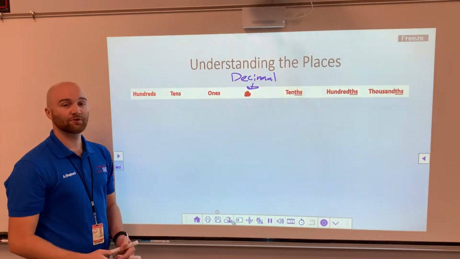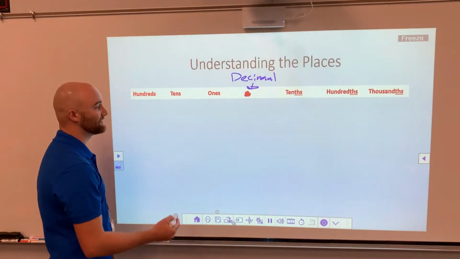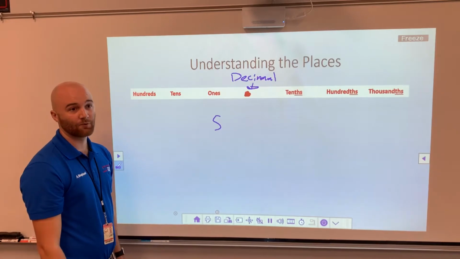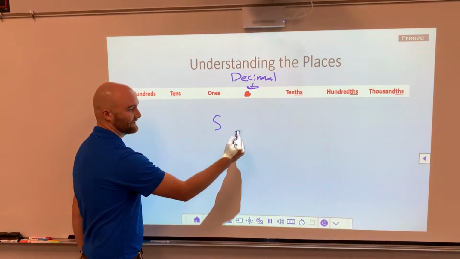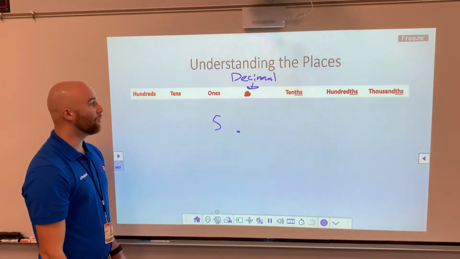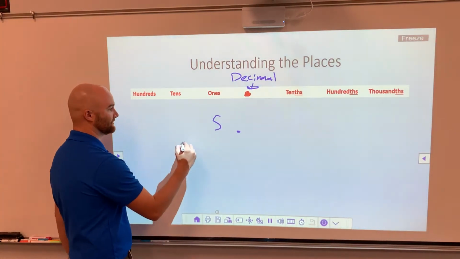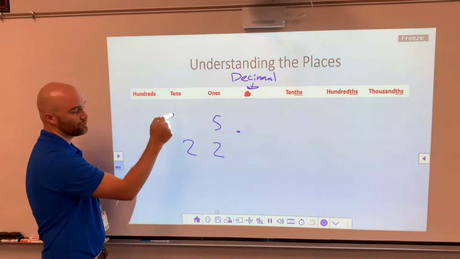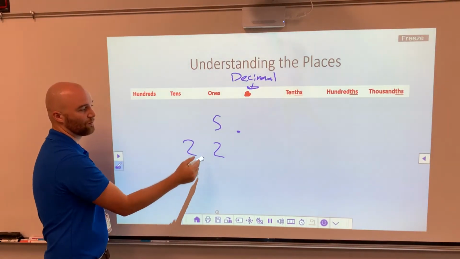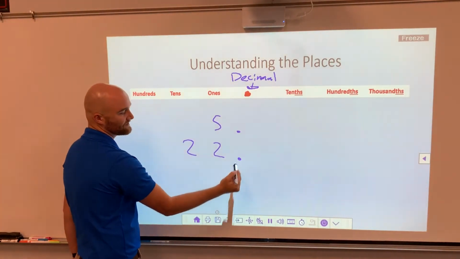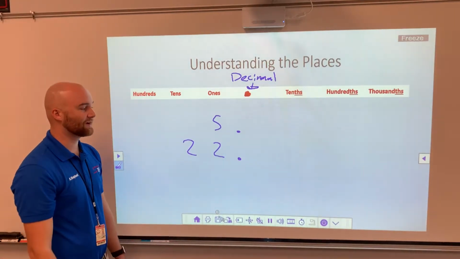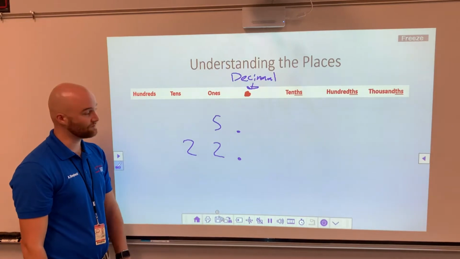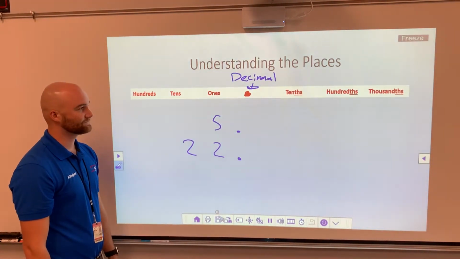We're all very familiar with whole numbers, so whole numbers would be things like, here I've got 5, that's really the same thing as 5 ones, and it has hidden there a decimal. Or I might think about something like 22, which is 2 tens and 2 ones, and hidden over here is our decimal. We just get lazy, we don't have to write it on there. Most of the time we've just been writing 22 and not showing our decimal, which is totally okay.